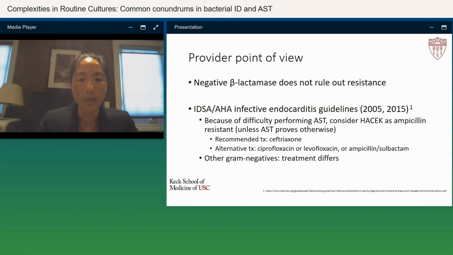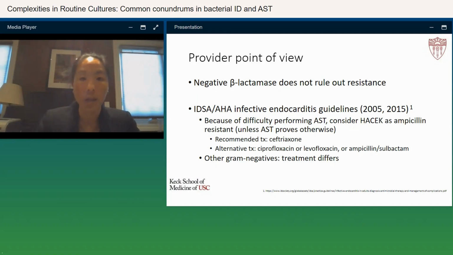And then there was another piece of information I thought was kind of helpful for both sides to see, and that was the IDSA and American Heart Association guidelines on infective endocarditis, how to treat, how to take susceptibility information into account. Now, if this were a HACEK organism, the guidelines say if you don't have susceptibility testing results available, presume it to be ampicillin resistant.